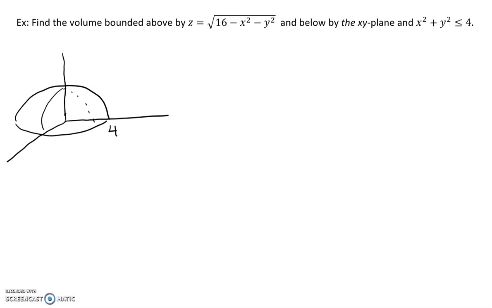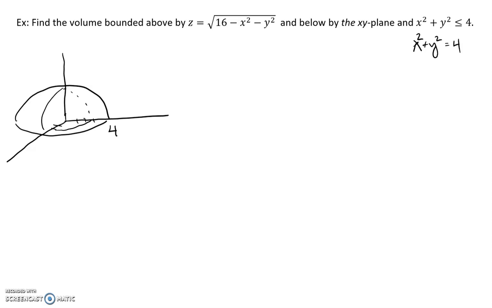So if we think about what x squared plus y squared equals 4 would be, well, it would be a cylinder of radius 2, because what we would see is a circular region where, when I look at x squared plus y squared equals 4, we recognize that as a circle of radius 2.